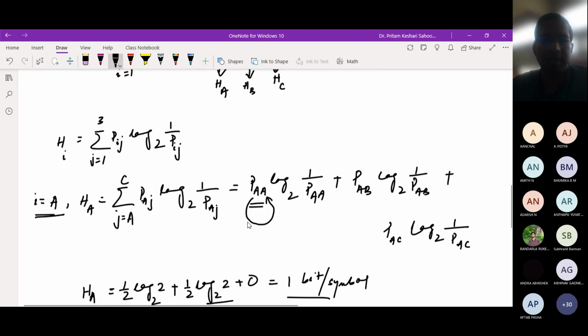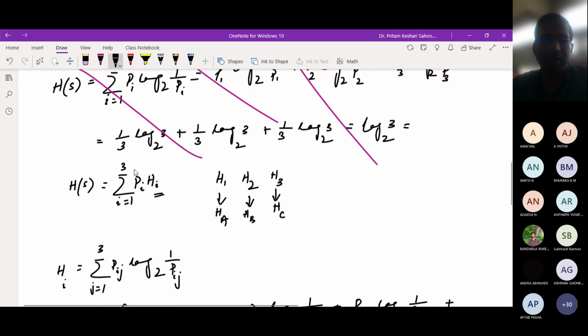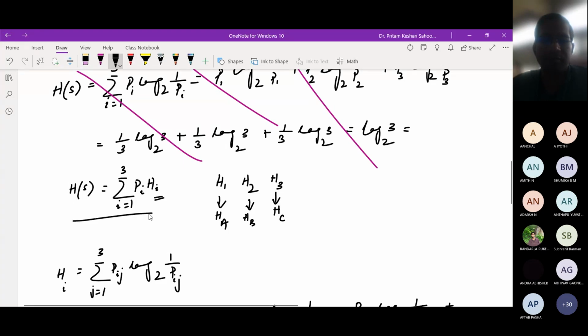Now we have to calculate the value of H. So how can we calculate the value of H?